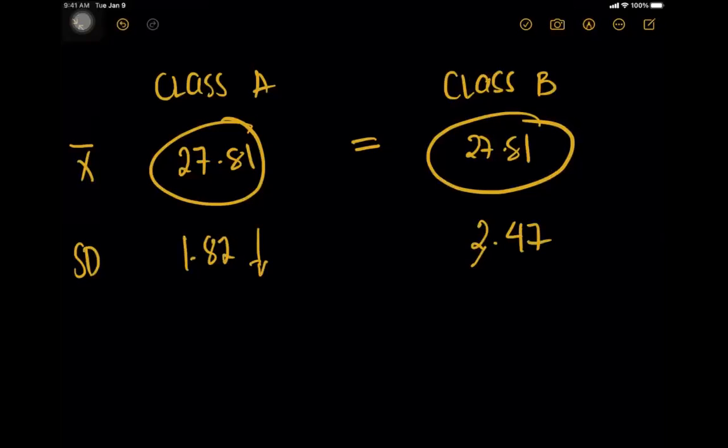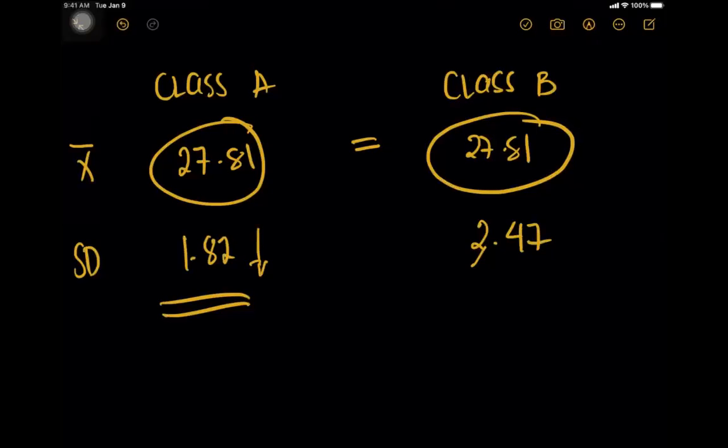So if the standard deviation is small, meaning the students' scores are really close to the mean, most of them are performing quite the same, or their level of performance is also quite the same. There are fewer outliers. There are no extreme scores that really deviate from the mean.